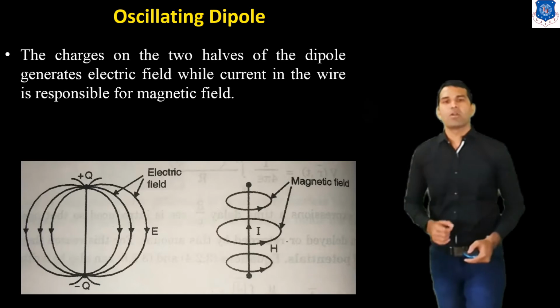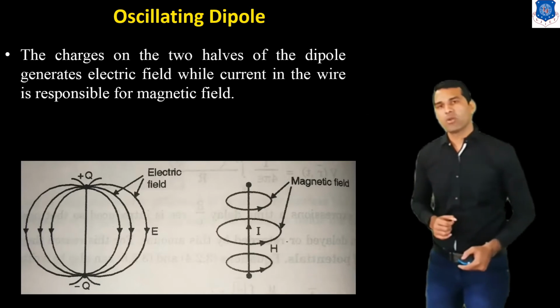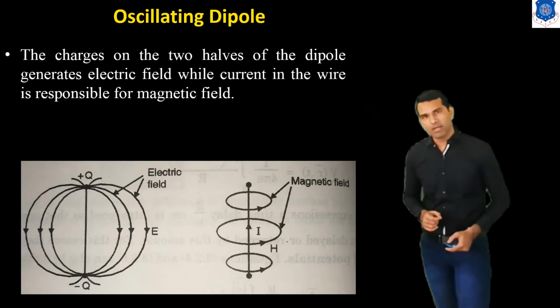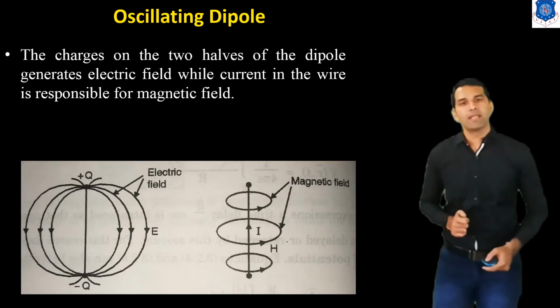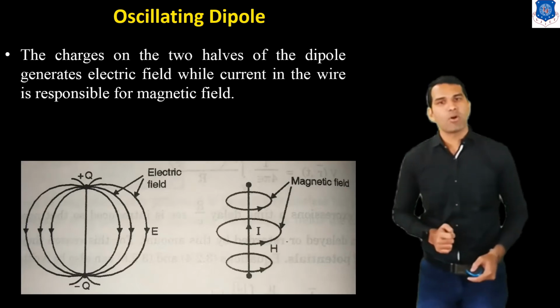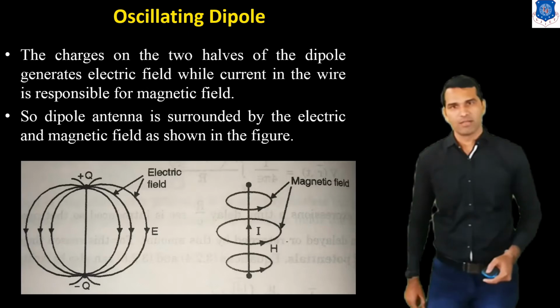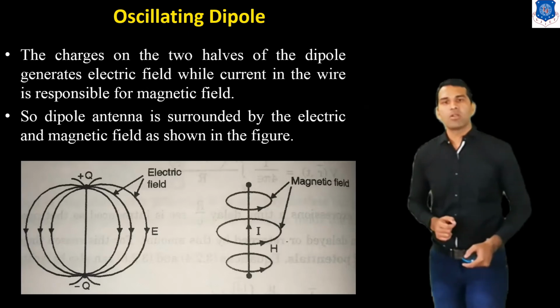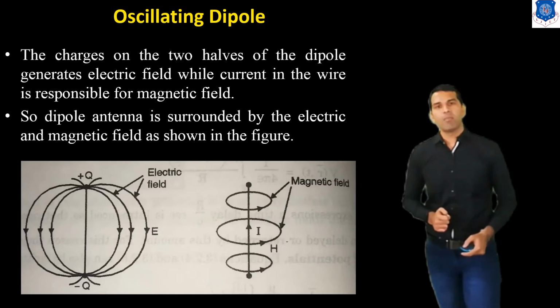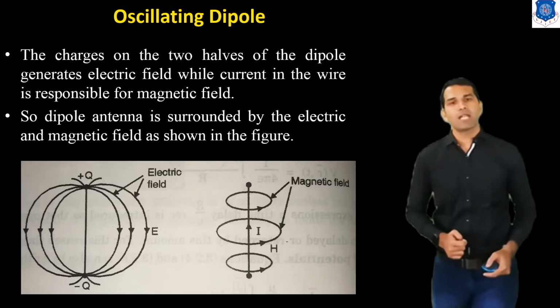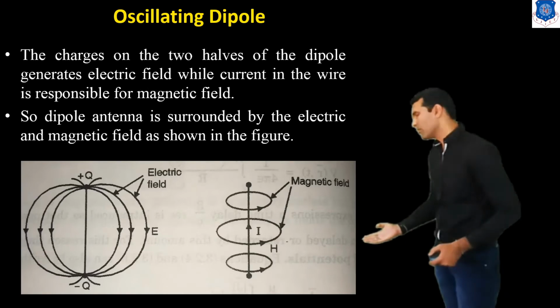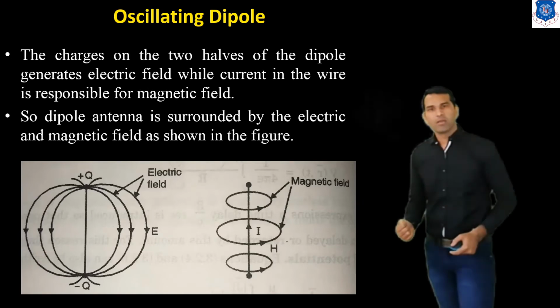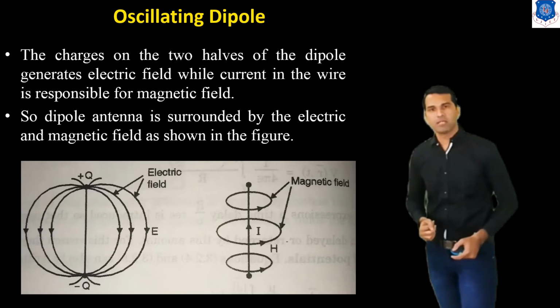The charge on the two poles of the dipole generates an electric field, while the current in the wire is responsible for the magnetic field. So the dipole antenna is surrounded by electric and magnetic fields as shown in the figure. Here we first see the electric field.